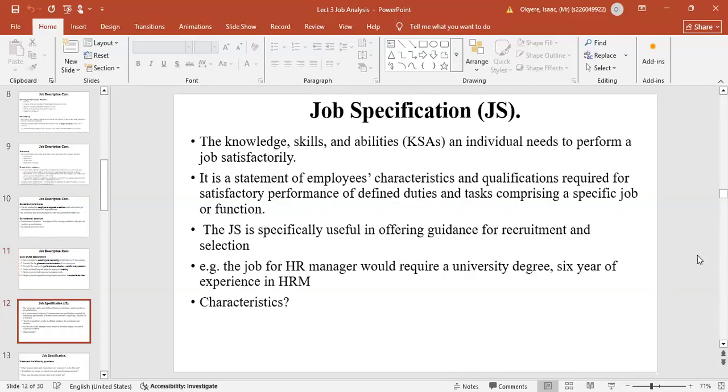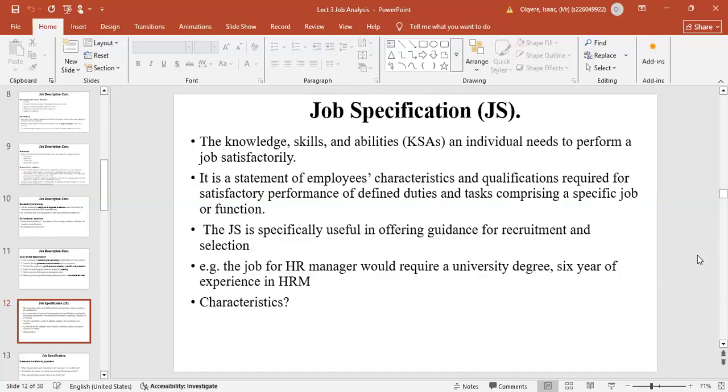Now, let's go to job specifications. So now let's look at job specifications.